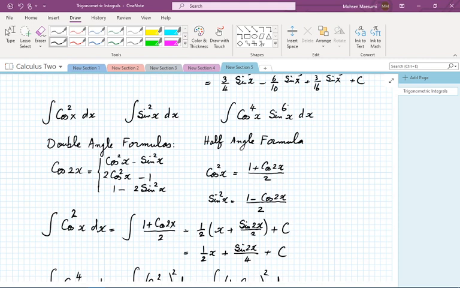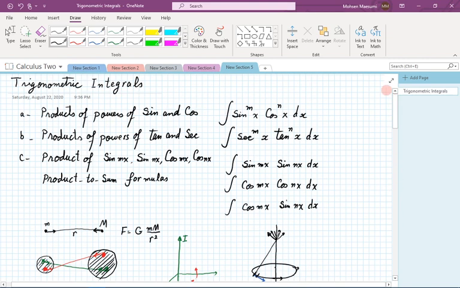So we looked at a variety of cases right now. Powers of sine and cosine, and a variety of types were considered. Let's do the secant, tangent, and these types of products in a subsequent lecture.